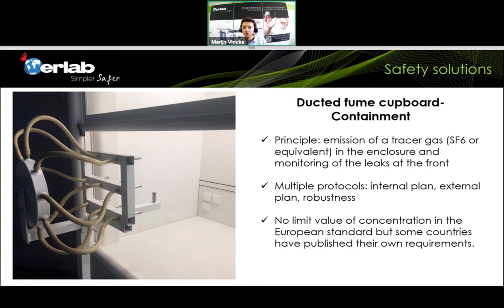It's released in the enclosure, and we will check what the amount of that chemical is that is still coming free in front, so in the opening of the front of the fume hood. So that's something we're going to test in order to assure a good containment. So there are multiple protocols. There is internal plane, external plane, in order to test this.